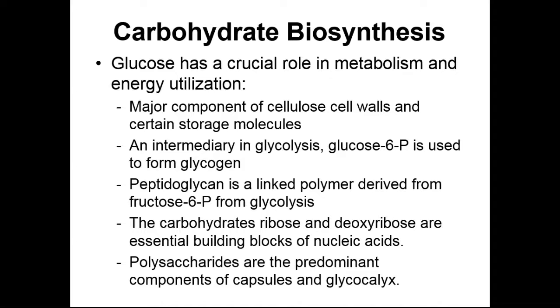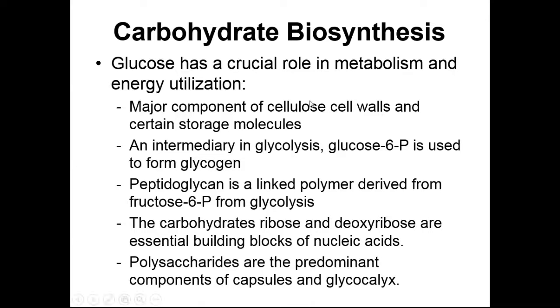Glucose is a central figure, a key figure in this metabolic pathway. It is going to get funneled through glycolysis, then to the Krebs cycle. And there are going to be many chemical intermediates through this process. We'll use glucose either directly to make cell walls or other polysaccharides.